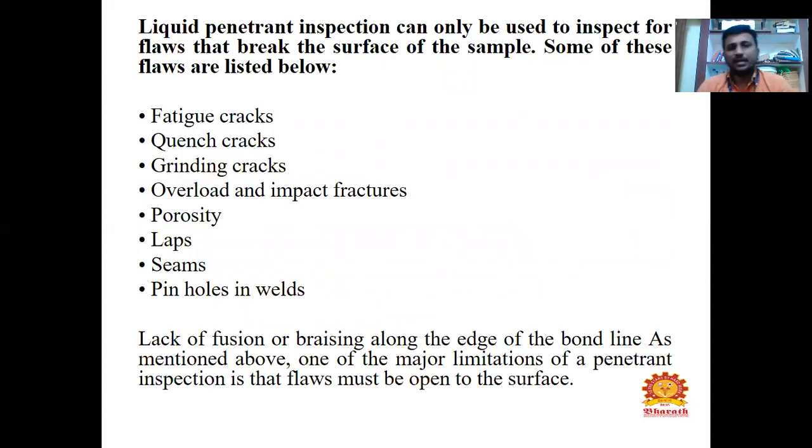Penetrant inspection can only be used to inspect for flaws that break the surface of the sample. Some of these flaws are listed. What are the flaws? Fatigue cracks, quench cracks, grinding cracks, overload and impact fractures, porosity, laps, seams, pinholes, and welds.